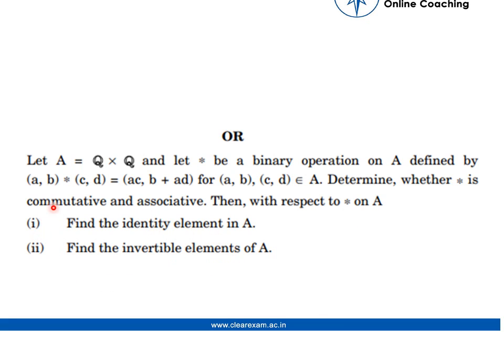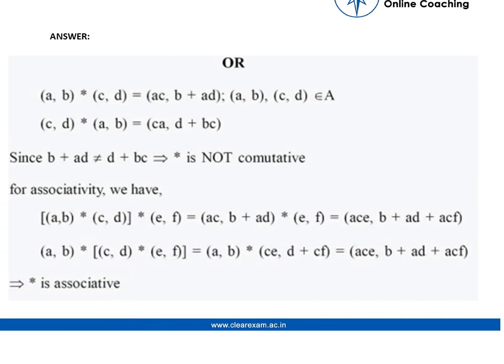So first of all, we know commutative means a star b should be equal to b star a, vice versa. And associative needs three variables to solve. Let's see how we can solve this question. As I said, (a, b) star (c, d) is equal to (ac, b plus ad).